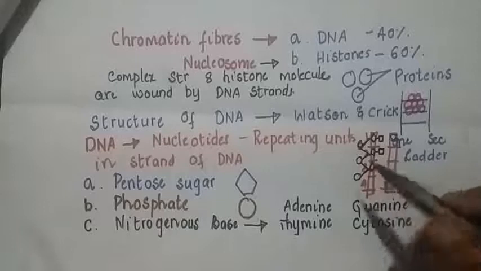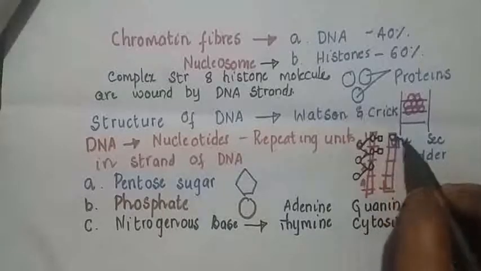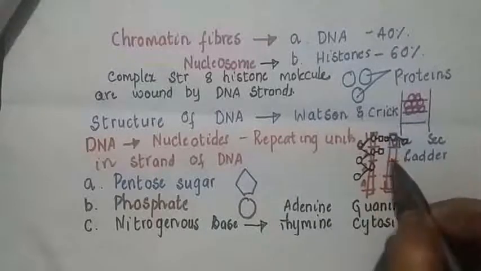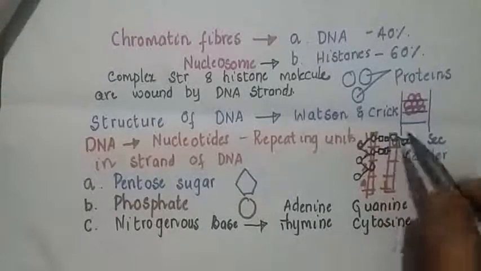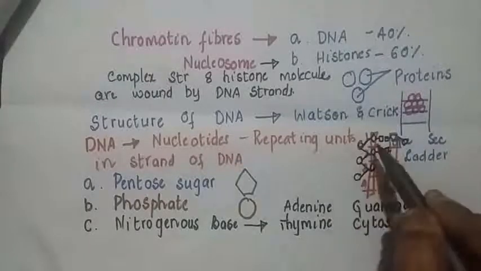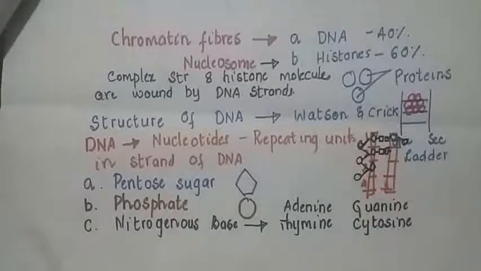In the same way, even in the other strand you may have one pentose sugar and a phosphate radical here, again a nitrogenous base. So you can say that the nitrogenous bases are arranged inwardly and pentose sugar and phosphate are arranged lengthwise in each strand.